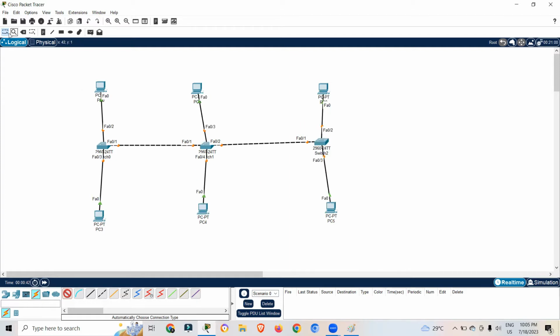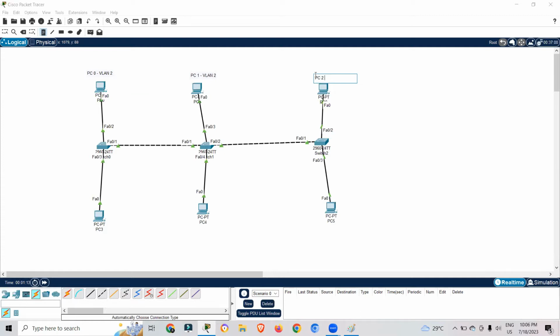Okay, everyone. And let us assume that PC0 is part of VLAN 2, and PC1 is part of VLAN 2.